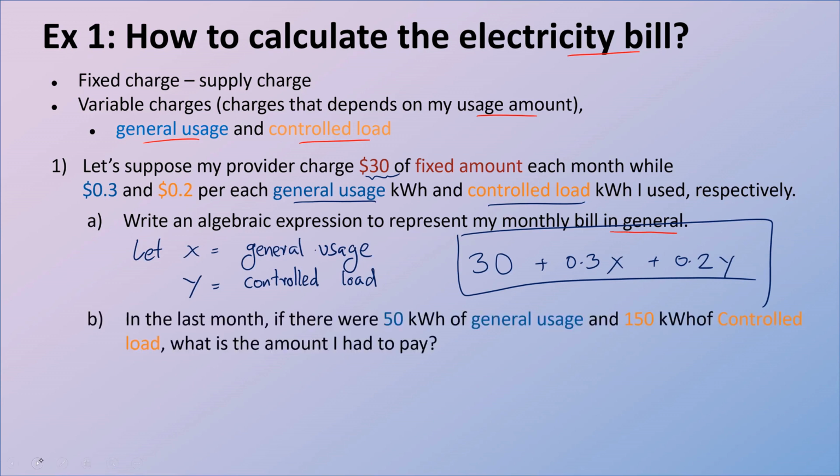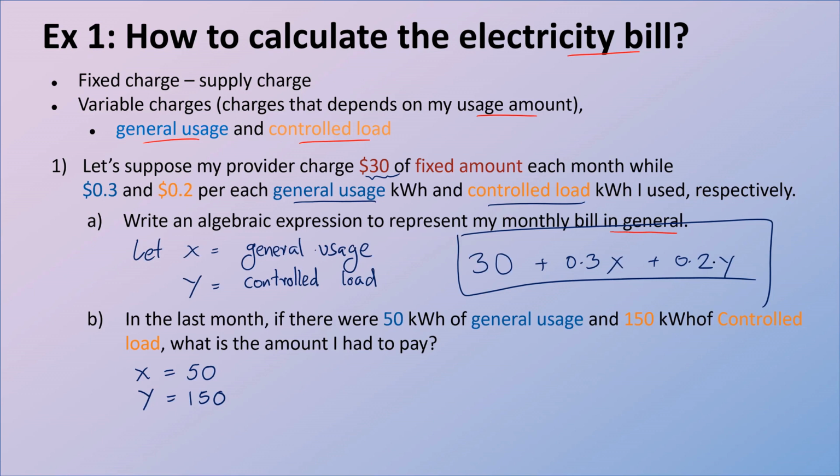In the last month, if there were 50 kilowatt hours of general usage and 150 kilowatt hours of controlled load, what is the amount I had to pay? Now we know the values of x and y for a particular month. So in the last month, x was equal to 50, while y was equal to 150.